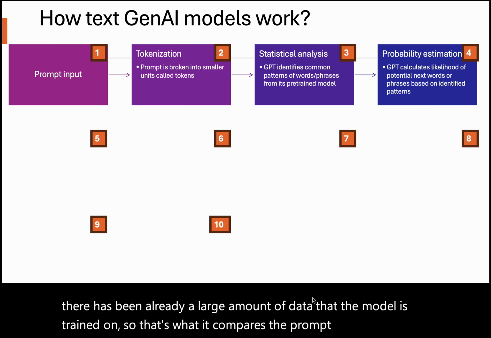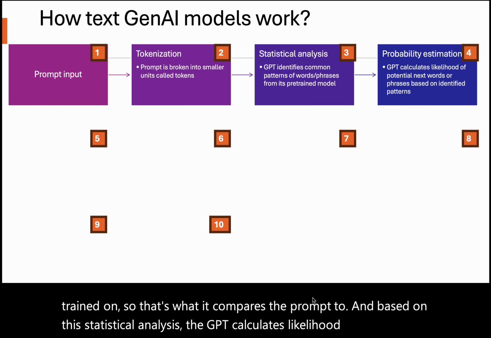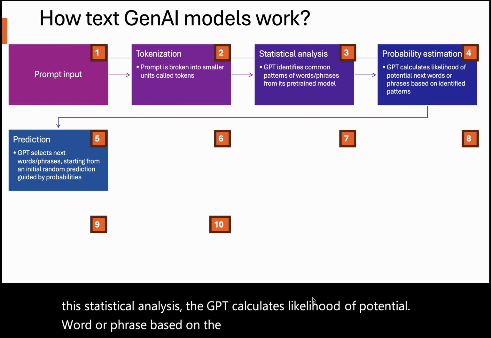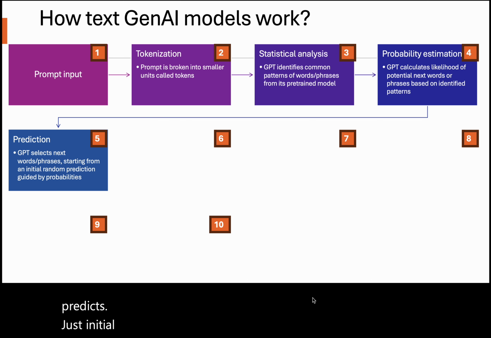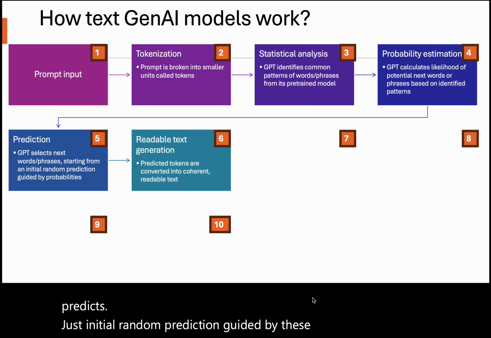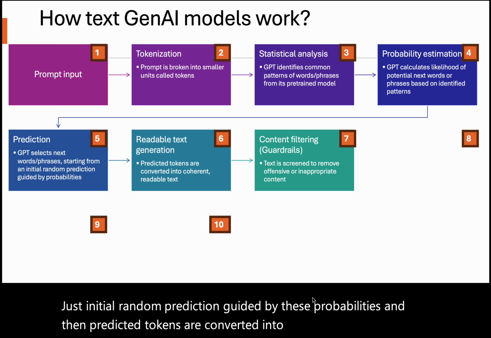Based on this statistical analysis, the GPT calculates the likelihood of the potential next word or phrase based on the identified pattern. And then it makes an initial random prediction guided by these probabilities. Then predicted tokens are converted into coherent readable text.